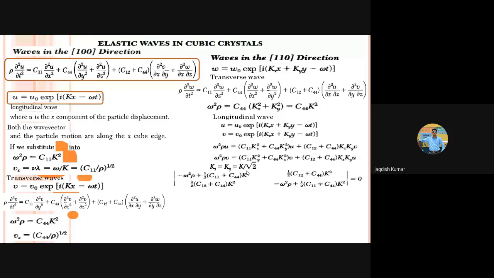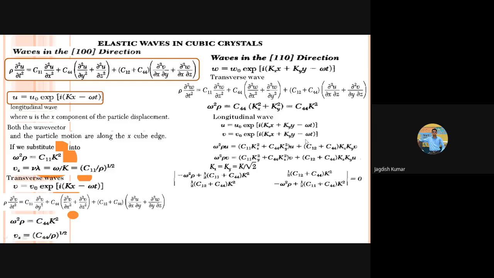Now to solve these equations, which are linear equations in U and V, this represents a system of two linear equations in U and V. For these equations to have a non-trivial solution, let us first write down the equations in matrix form.